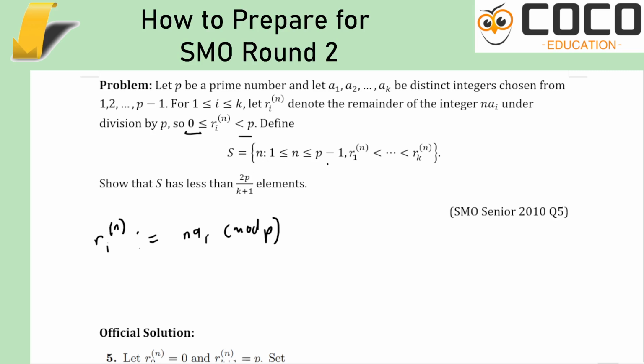Now, S is the set of n's such that r1(n) is less than r2(n) and so on, basically just in order.